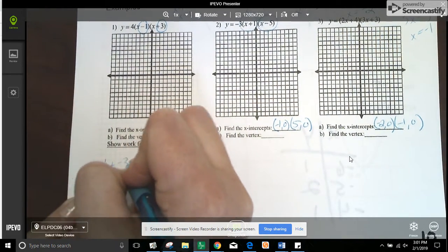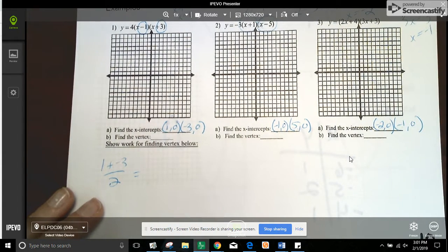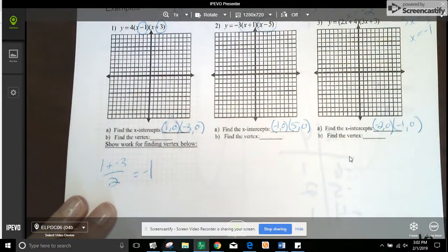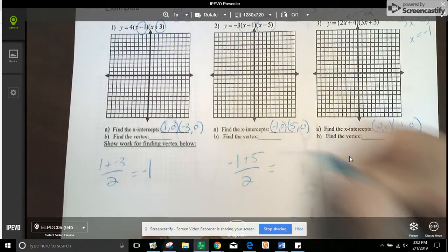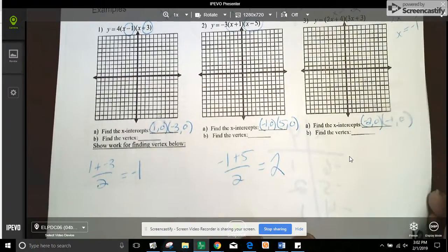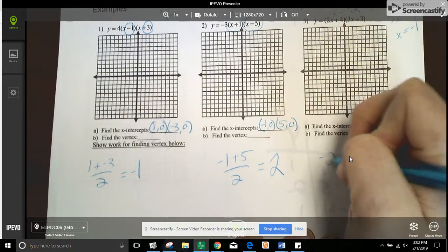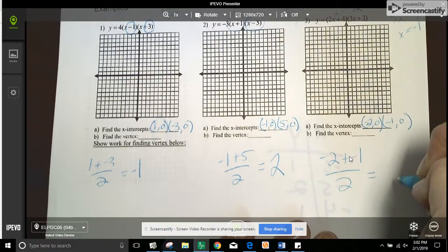So 1 plus negative 3 divided by 2 is negative 1. I'm using a calculator. Negative 1 plus 5 divided by 2 is 2. Negative 2 plus negative 1 divided by 2.